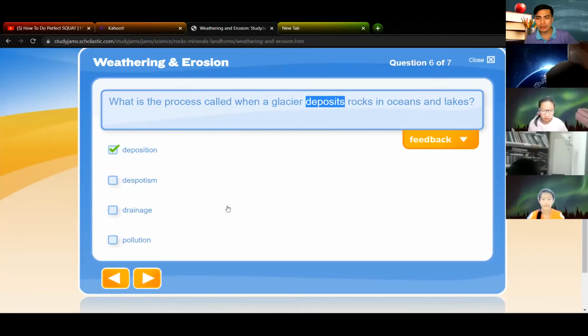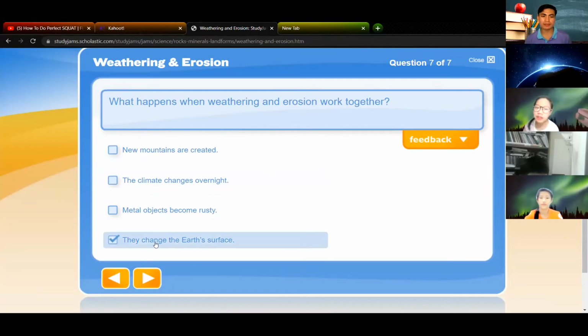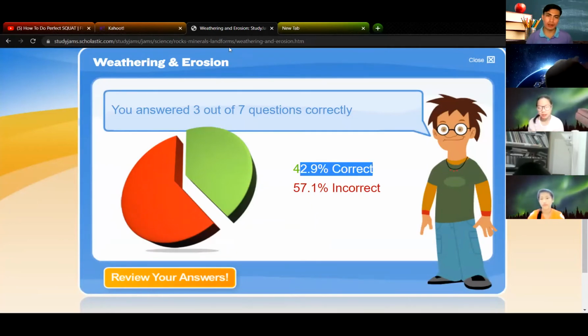Chuntida, right? I think Chuntida answered this one. The word here, deposits, deposition. Here, what happens when weathering and erosion work together? Who answered this? This is correct. They change the Earth's surface. So that is why we got this percentage of our answers.